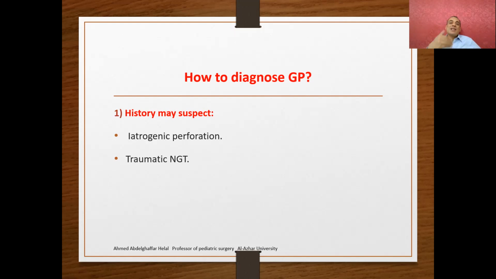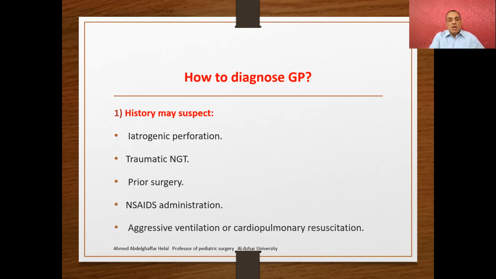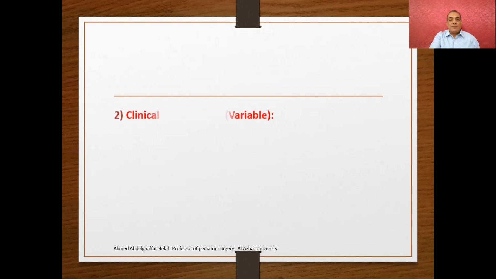So from history, you can suspect maybe iatrogenic perforation, traumatic perforation, prior surgery, or non-steroidal drug administration. So history is very important to suspect gastric perforation. Also aggressive ventilation or cardiopulmonary resuscitation.